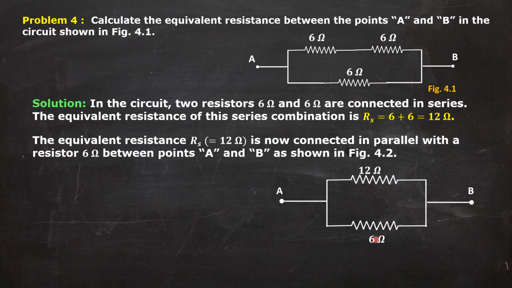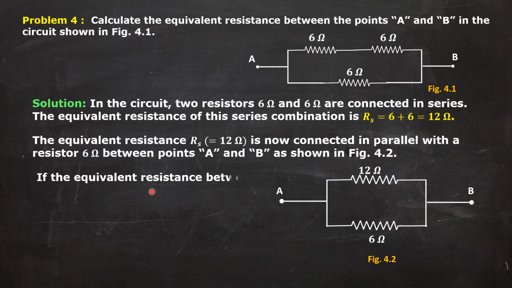Now these two resistors are in parallel between the points A and B. When the two resistors are connected in parallel, the equivalent resistance Rp is equal to R1 R2 by R1 plus R2.